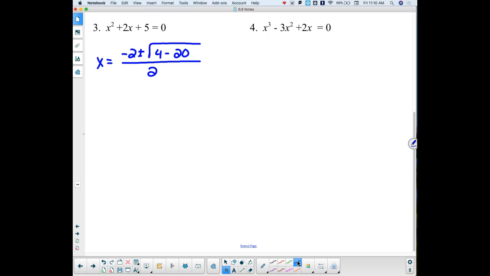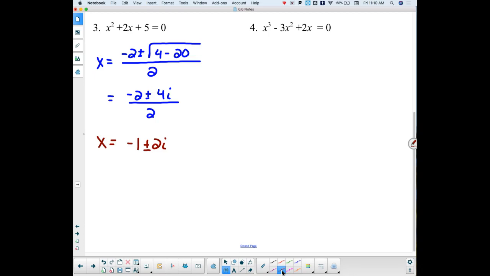So that is negative 2 plus minus the square root of negative 16. The square root of negative 16 is 4i. That's all over 2. So the 2 answers that I get here are negative 1 plus 2i and negative 1 minus 2i.